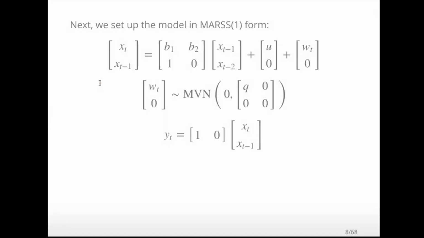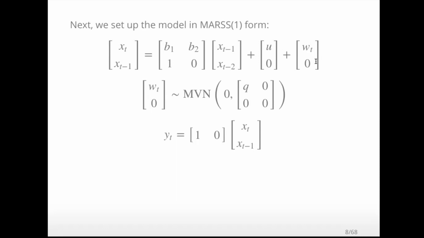So now we need to write that AR2 as a multivariate autoregressive state space. So remember, we're going to stack our xt minus 1. Now our b is going to be the b1, b2, and then the 1 here. So now you can see when you do that matrix multiplication, we get xt is b1 times xt minus 1, b2 times xt minus 2. Then we have our u, and we have our error.